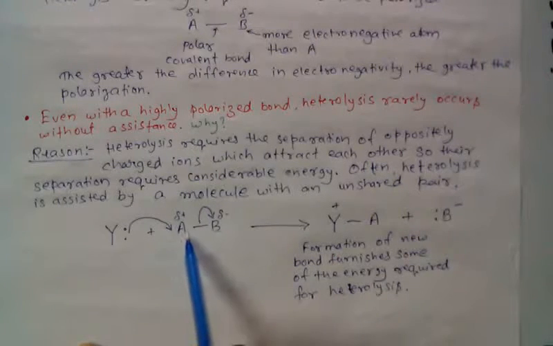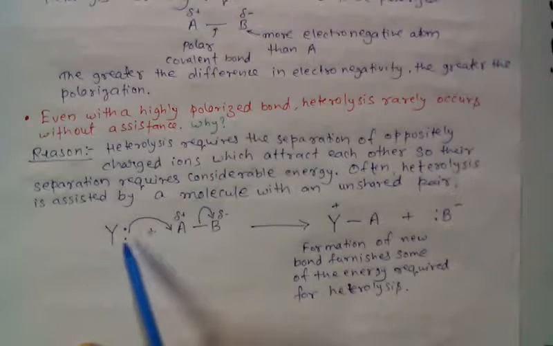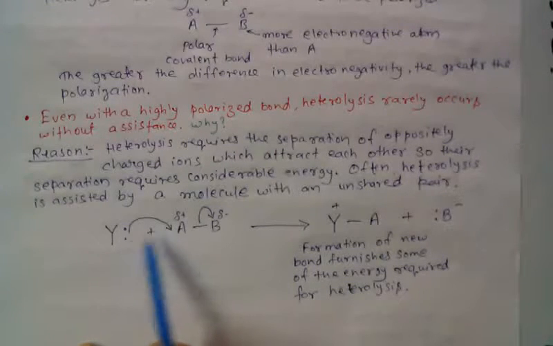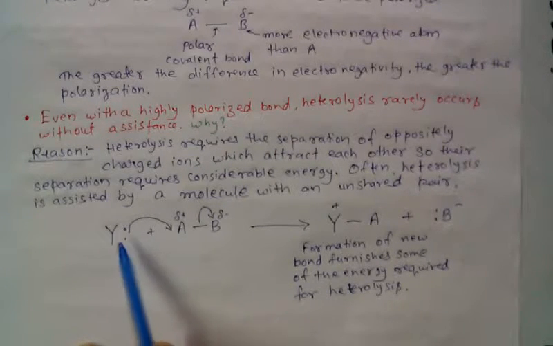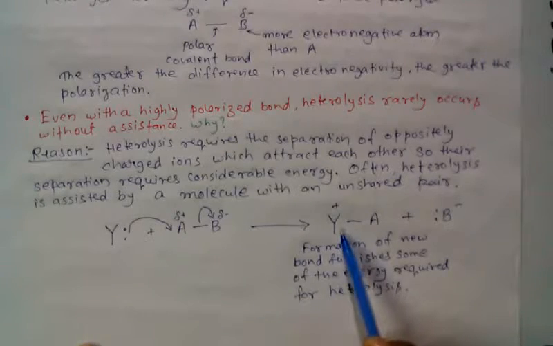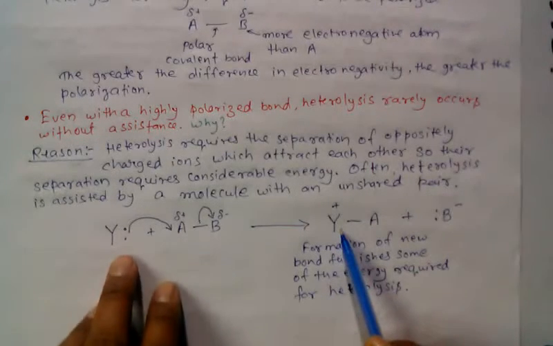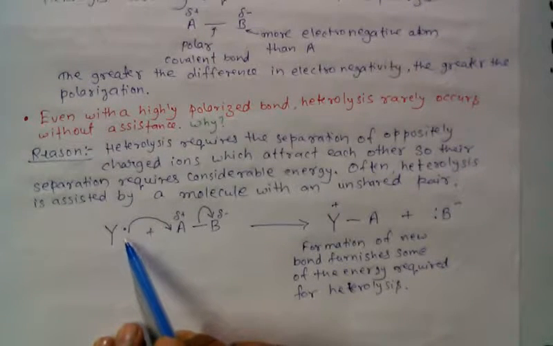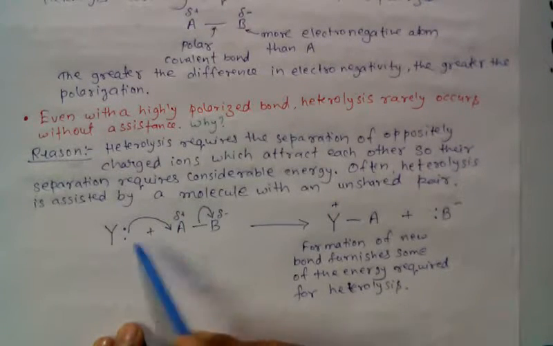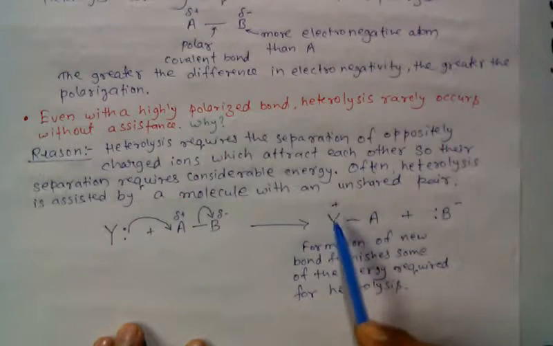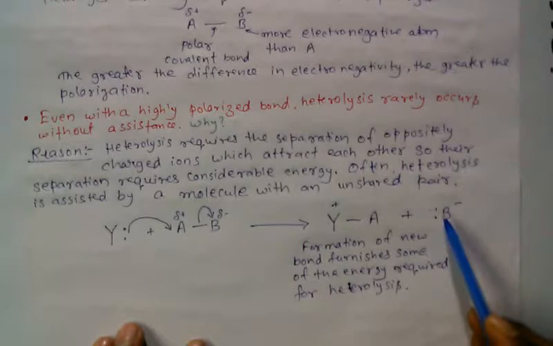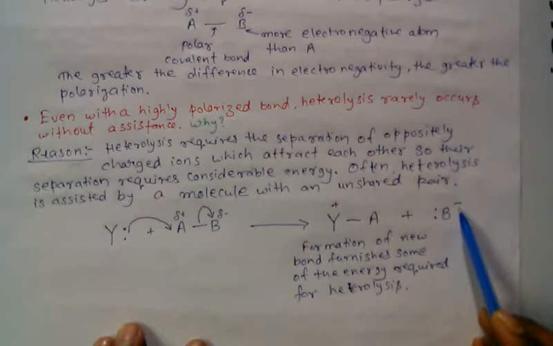But A gets bonded with Y. These two electrons, which were previously on Y, are now shared between Y and A, so Y gets a formal positive charge and B gets a lone pair and a formal negative charge.